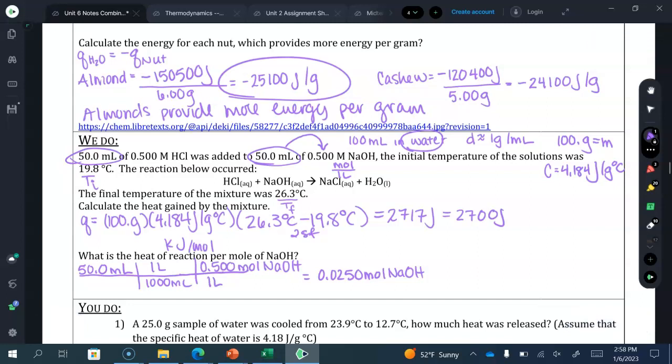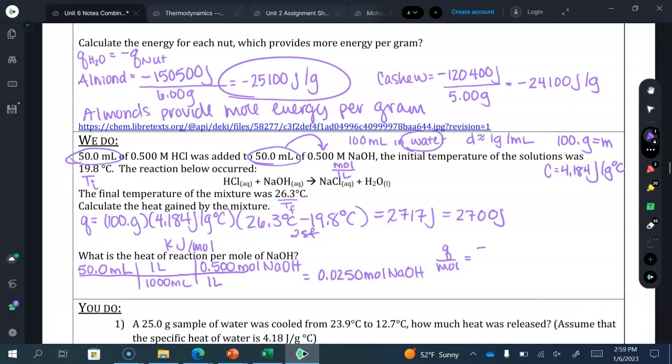Both are accepted units. So we're going to figure out the Q per mole, which our Q was from the previous problem. But since this is an exothermic process, this is the amount of heat gained by the mixture, but that's going into our water. What's released by sodium hydroxide is negative.